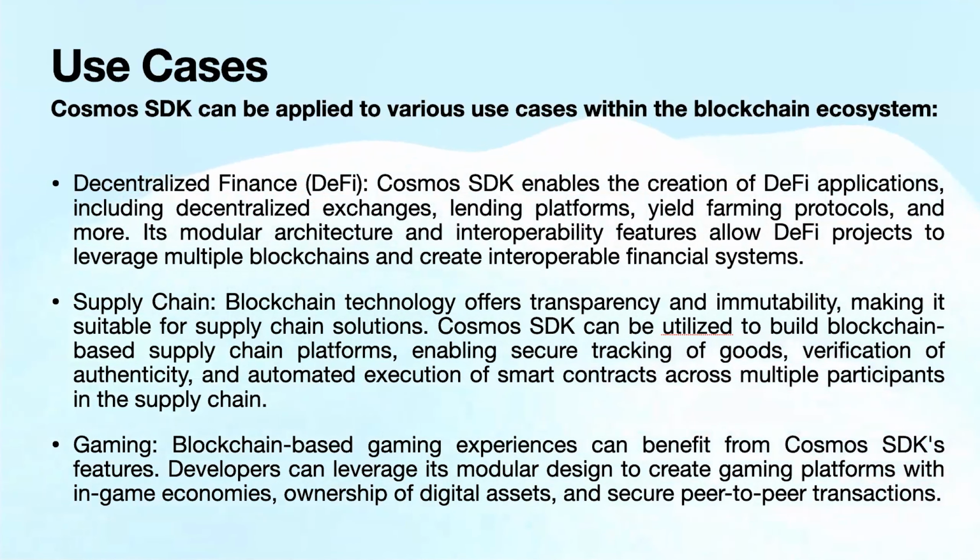You could also build your own stable coin, the way we have built our own CMST. You could build your own DEX. So a lot of things could be built. Supply chain has a very good scope for blockchain. I'm not sure if it's completely feasible, but supply chain has a very good option to be built. And gaming is something that I personally feel has a lot of scope in Cosmos SDK because gaming is yet to be explored. Every product built on Cosmos SDK will need to have a USP.